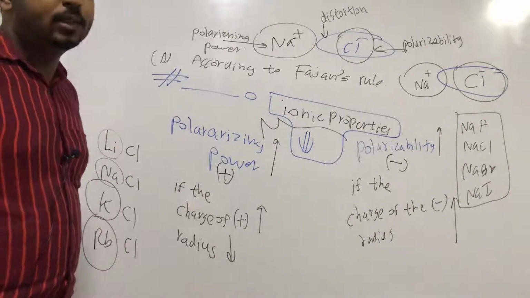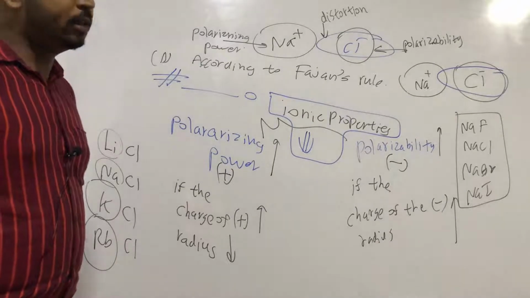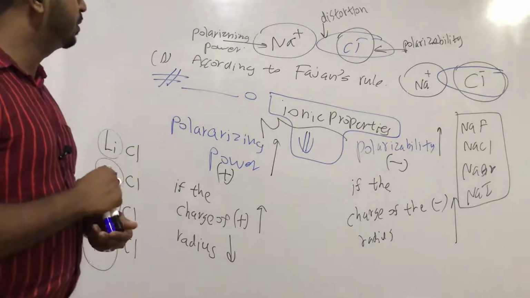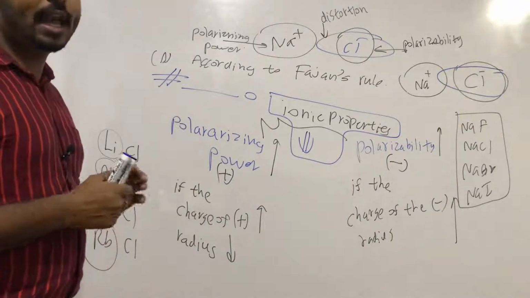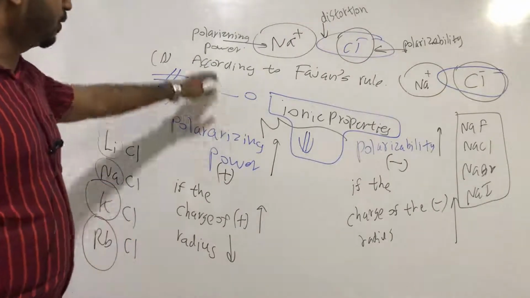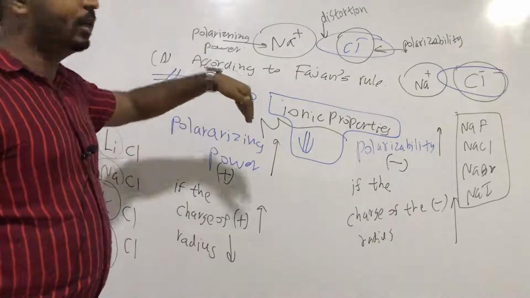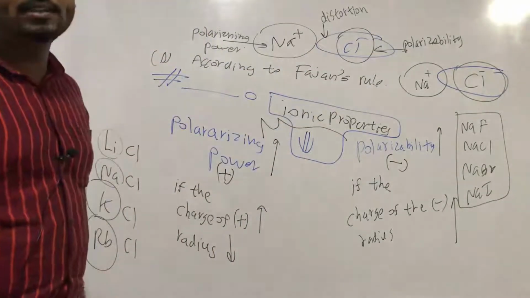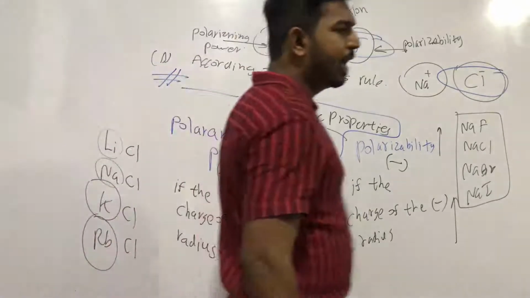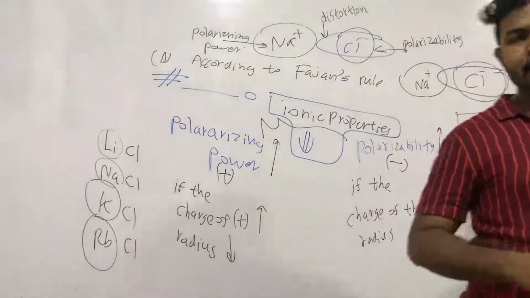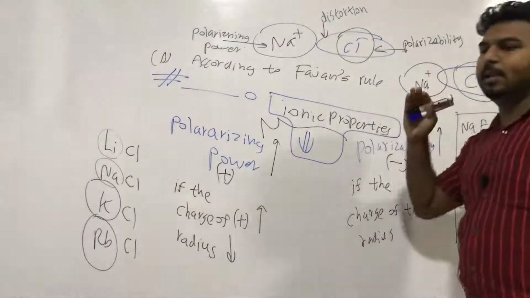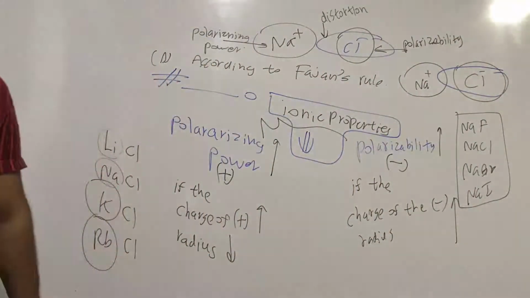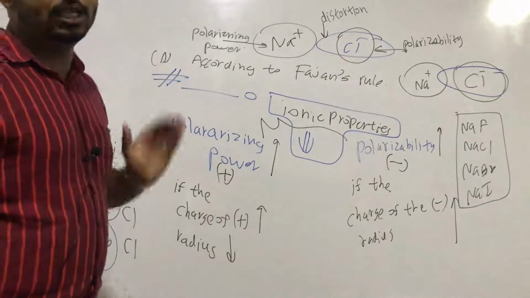The force of the cation is the polarizing power. Then the force acted on the anion is polarizability.